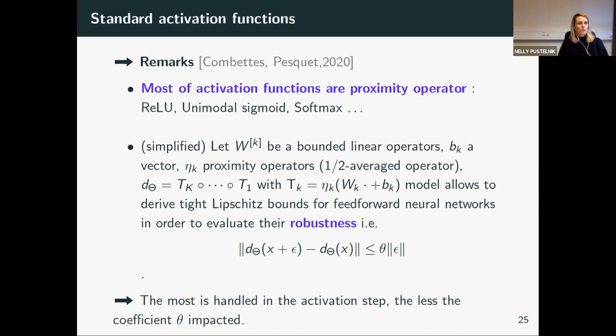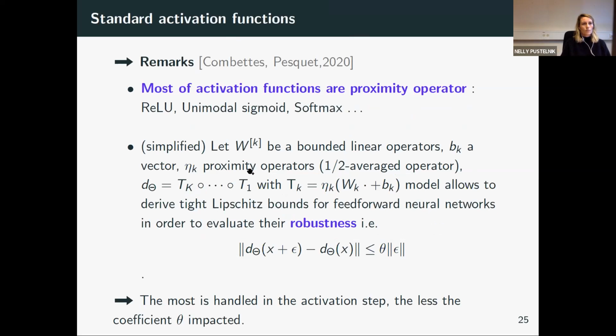I would like to finish with a remark about robustness, as it was explained in the previous talk. And I would like to maybe motivate and explain why this kind of unfolded algorithm should be more robust. In order to understand that, we could go to the recent article by Condat and Pesquet, where first they prove that most of the activation functions are proximity operators.